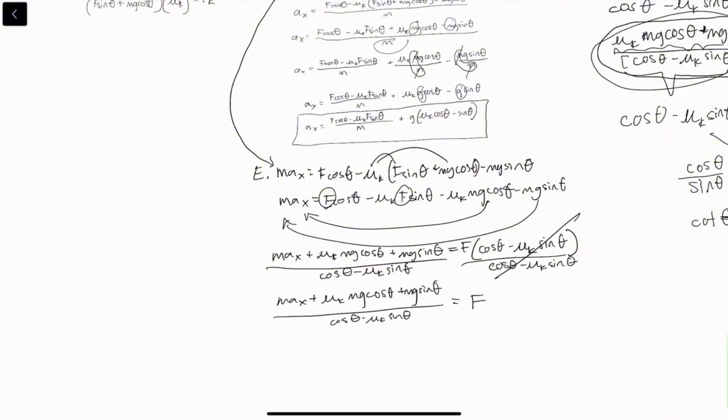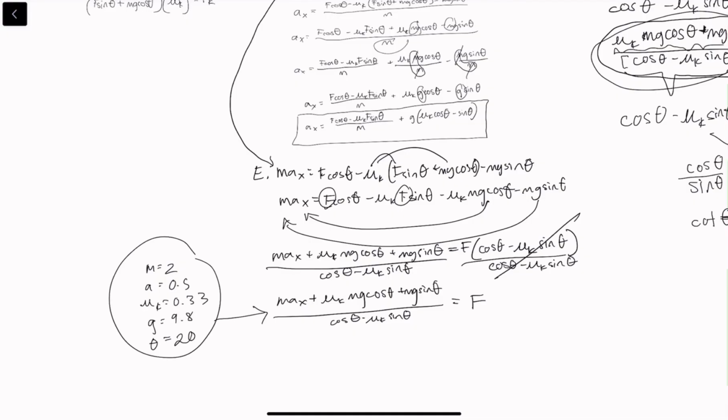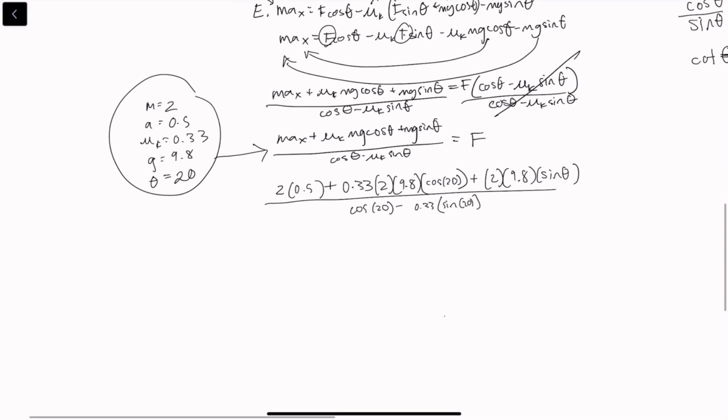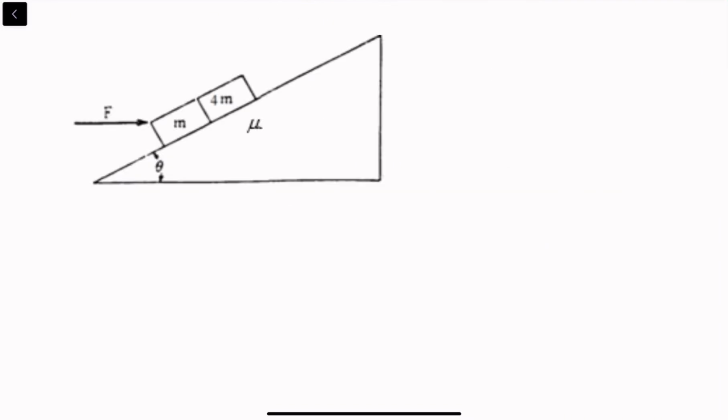Okay, and we're given the values. So we're just going to plug all of these into this equation. You plug that into a calculator, you'll get 16.668 N. And we can just put positive because I'm taking the line of motion to be positive.